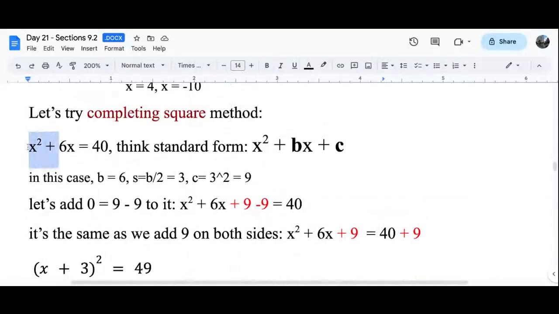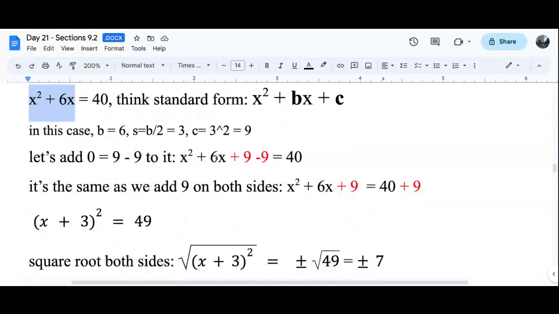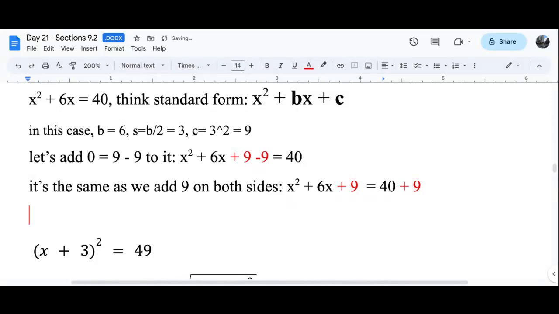So completing the square, we only look at those two terms, x squared plus 6x. Then we divide 6 by 2, so we get 3. That means we want to add 3 squared and subtract 3 squared. So we have x squared plus 6x plus 9 minus 9 equals 40. We move the negative 9 to the other side, and that becomes 49.